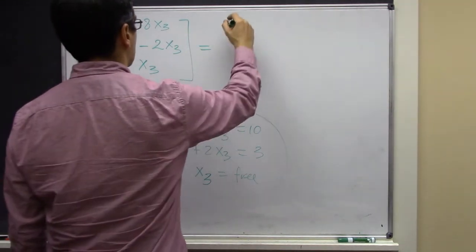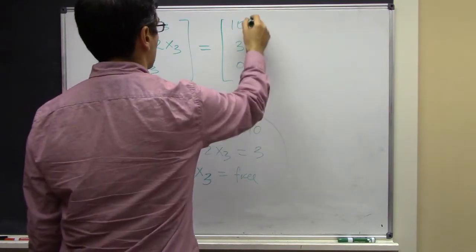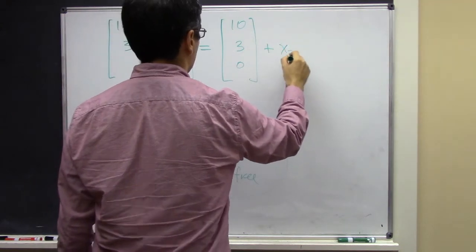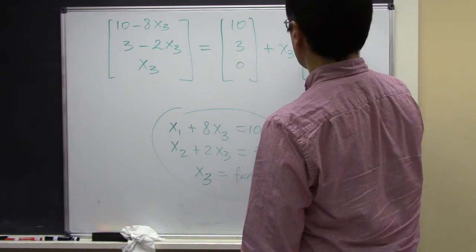Then this is equal to (10, 3, 0) plus x3 times (-8, -2, 1).